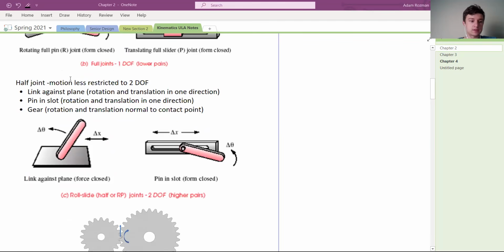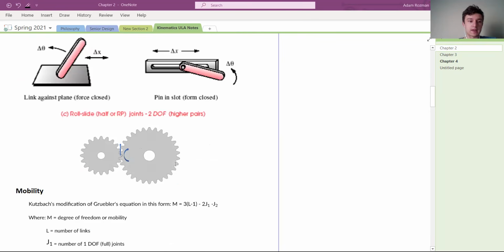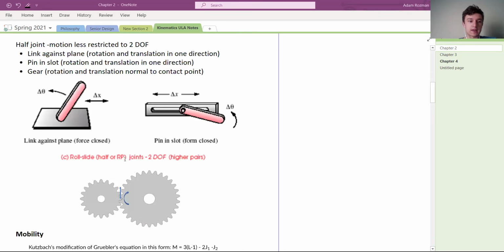So half joints are where you only take away 1 degree of freedom. That would be something pressing against a barrier, or a pin in a slot where you can rotate and translate. A gear also counts as a half joint. So as I was saying before, it has 2 degrees of freedom.